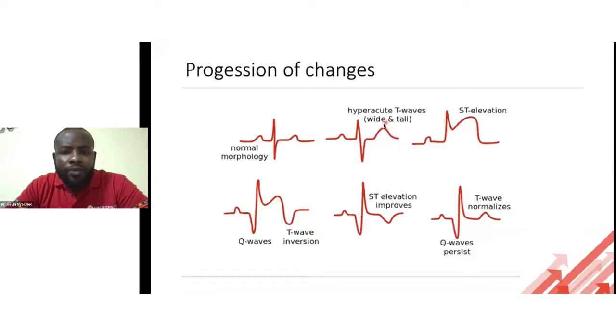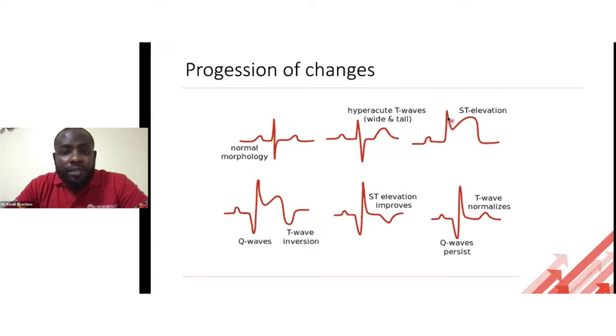They're usually hyperacute, wide and tall, and then this usually progresses to an obvious ST elevation. Usually by the point you are noticing this ST elevation, this is an indicator of onset of myocardial necrosis or tissue death.